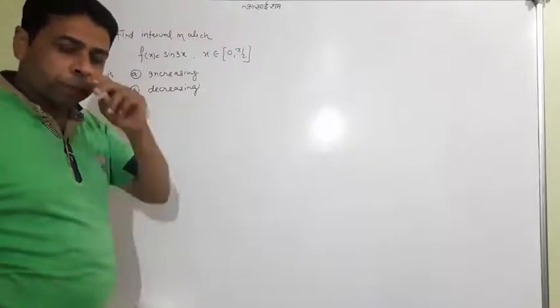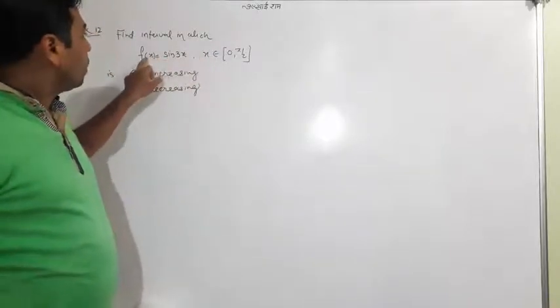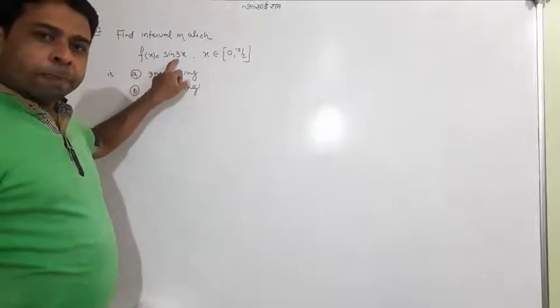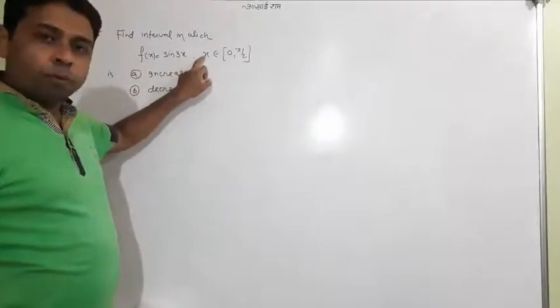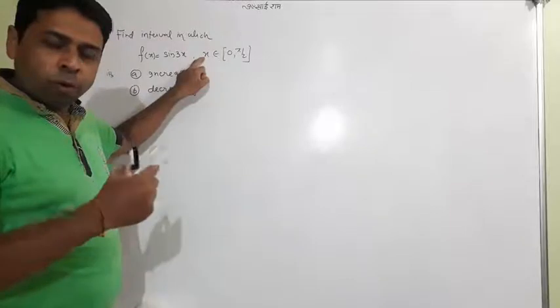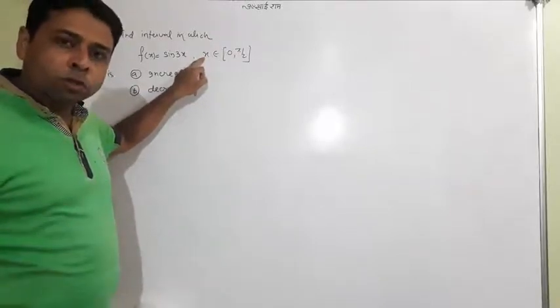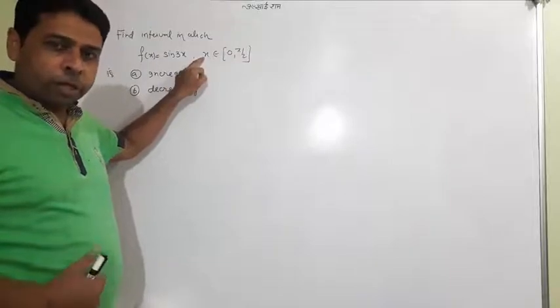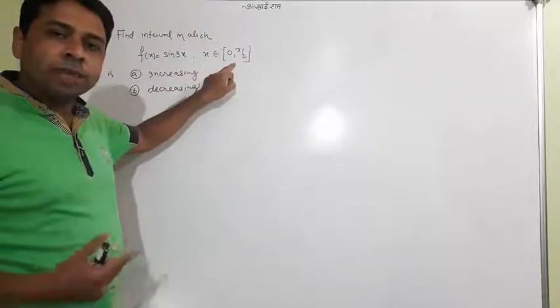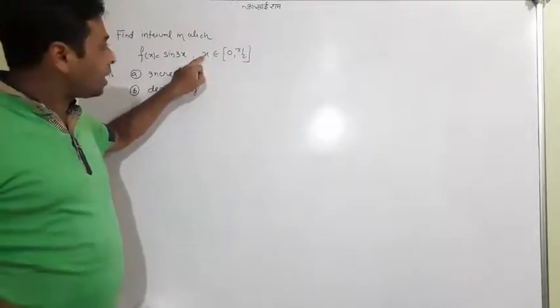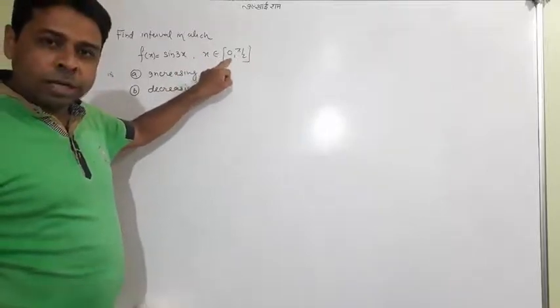which are very important. First, here the function is sine 3x. Whenever we find f dash x and take it equal to 0, that will give a critical point. Here the range is given, meaning we can't take x beyond this range.